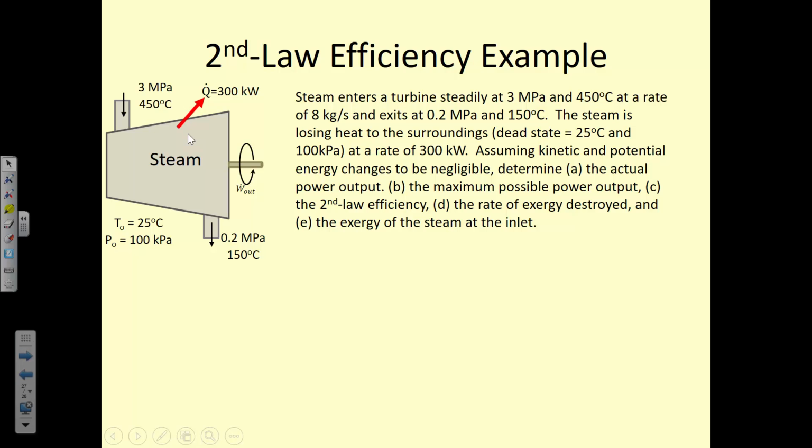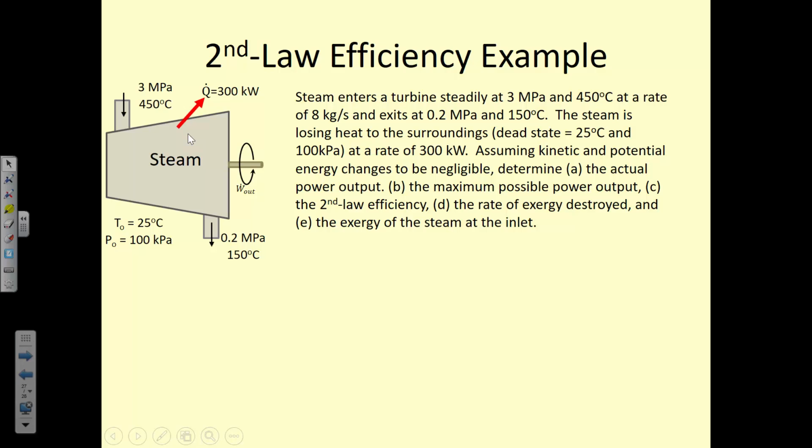Regular ambient is about 101 kilopascals, and 20 to 25 degrees Celsius is kind of like normal room temperature conditions. So if it's not explicitly stated, then you can just assume normal ambient conditions, that you're not operating in some Sahara desert outside or something like that, or in a vacuum chamber, that it's just going to be normal room temperature, room pressure conditions.